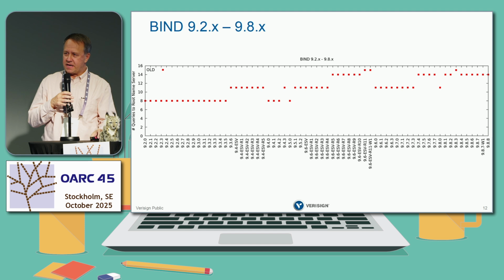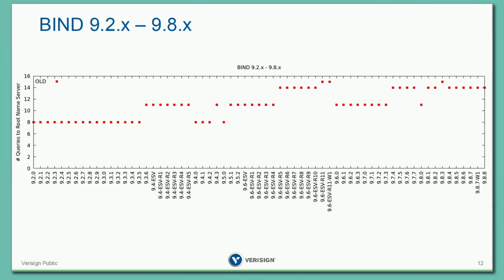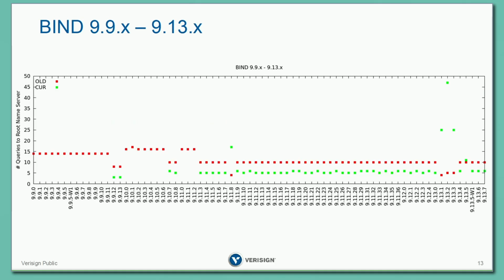Like I said, I did all these tests on all the versions of BIND I could compile. This graph shows BIND 9.2 to 9.8, and they all have this property where they only ever send queries to the old addresses. This graph continues 9.9 to 9.13, and here we start to see some things change.